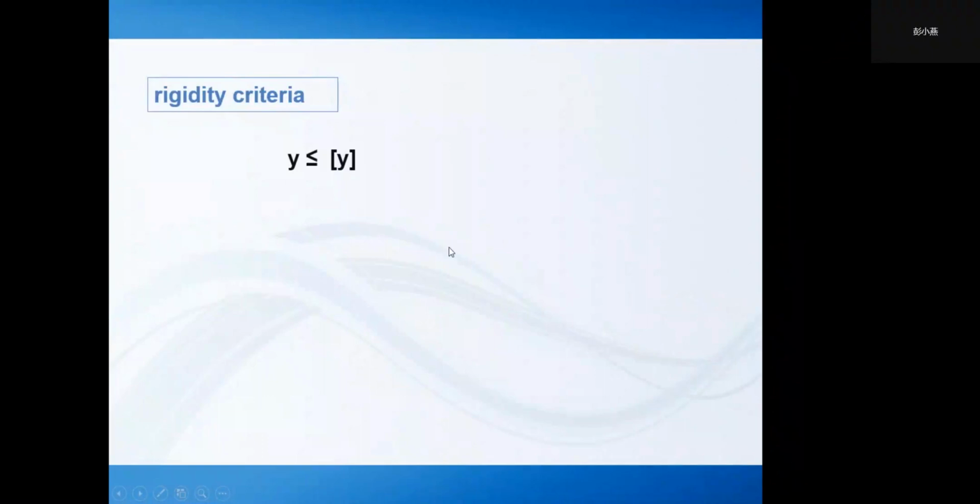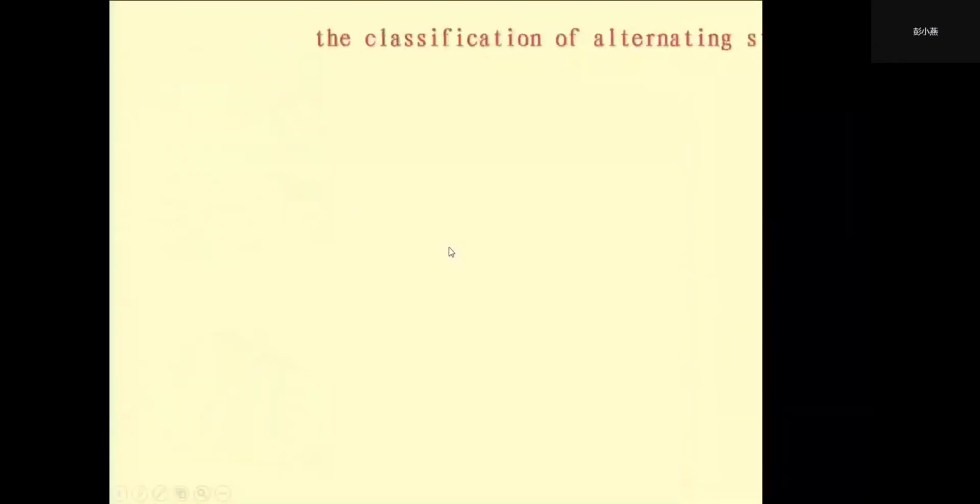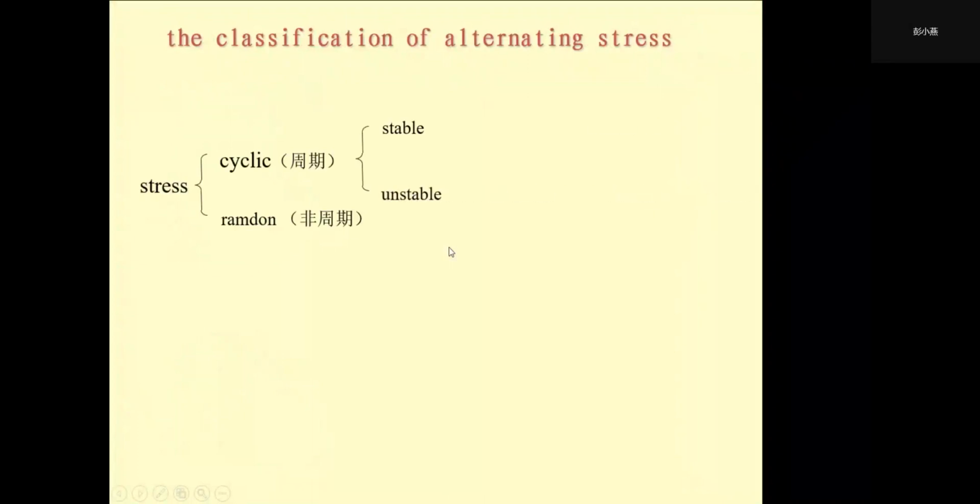And the rigidity criteria, life criteria, and wear criteria.